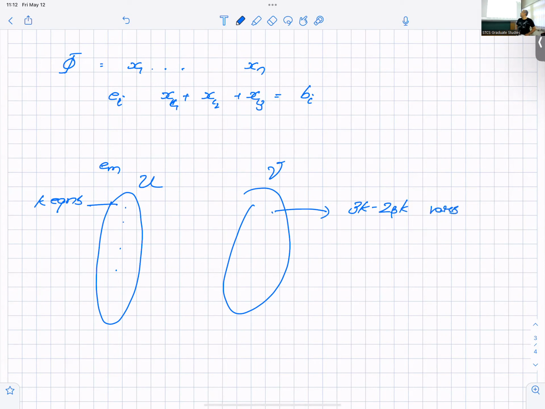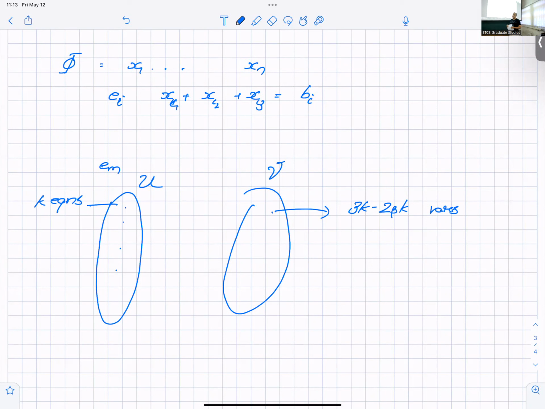If you recall how we did this, take the K equations, look at each equation, and toss a beta-biased coin. If it comes up heads, that is with 1 minus beta probability, retain all the 3 variables. Otherwise, just pick one of the variables at random and throw off the other two. So you have this structure, but we're going to do some more tuning on this.